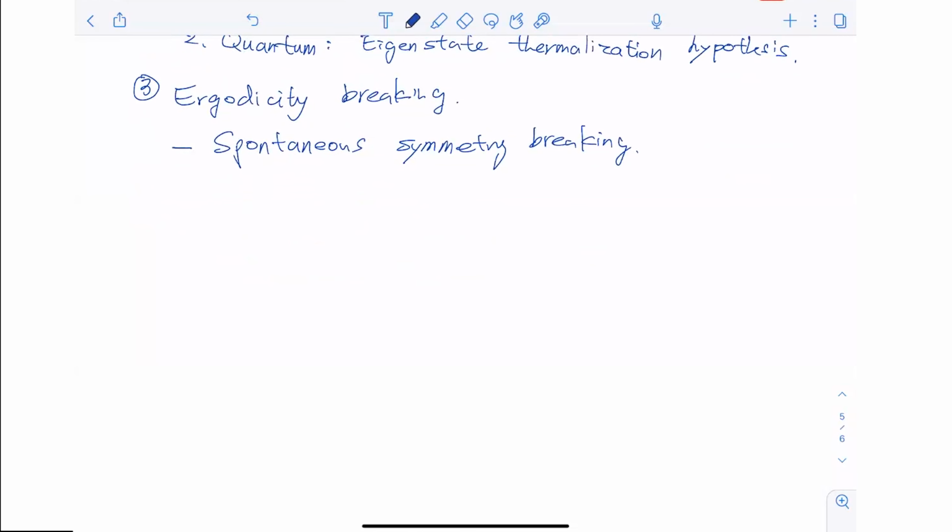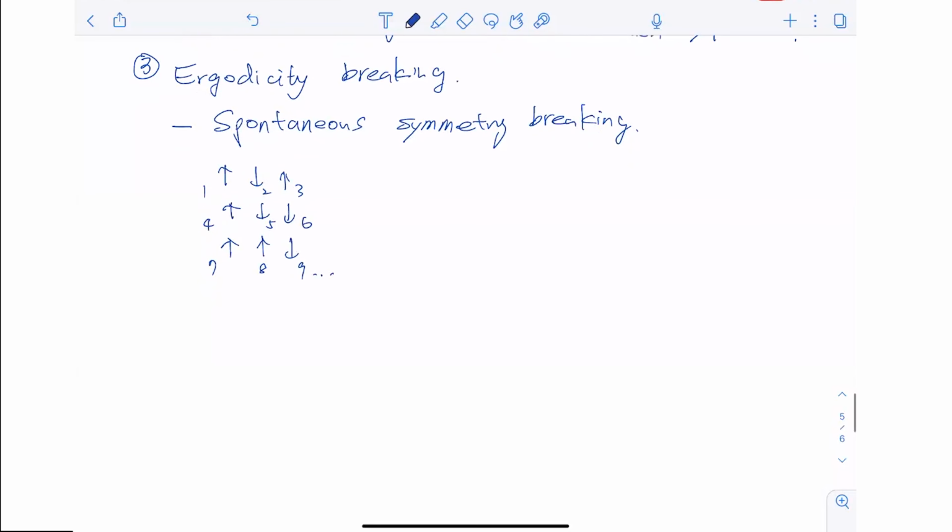What do we mean by ergodicity breaking in this spontaneous symmetry breaking scenario? Let's just consider we have a bunch of spins pointing up or down in various ways. I just randomly draw maybe 9 of them. So we can label them as spin 1, 2, 3, 4, 5, 6, 7, 8, 9, something like that. In principle, if you have a larger system, you just have a bunch of spins.